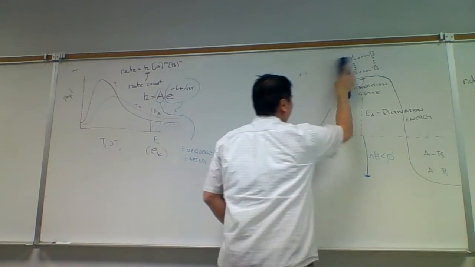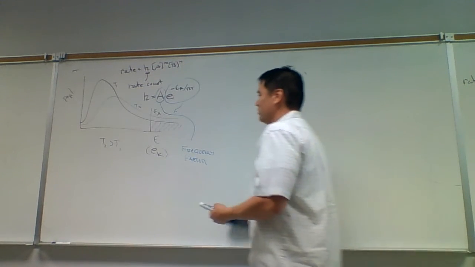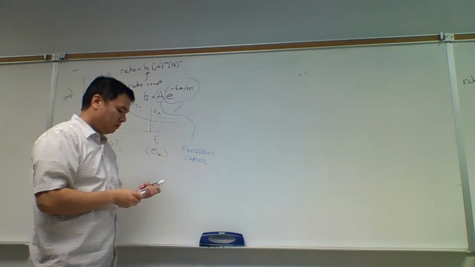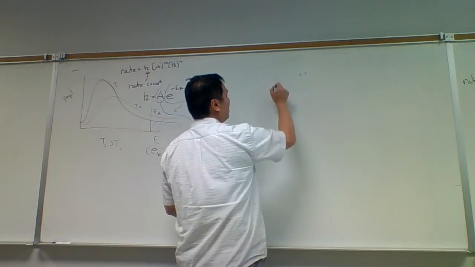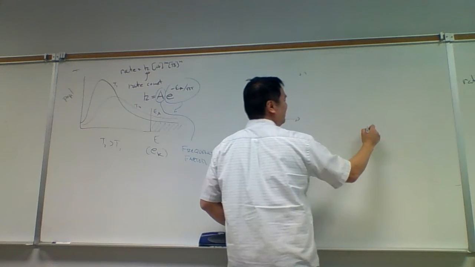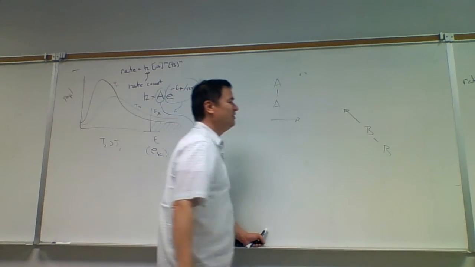Even if something has sufficient energy, let's say we have two molecules, there's plenty of energy to overcome the activation hump, but let's say A is moving in this direction and B is moving in this direction. Is that going to be a good collision?